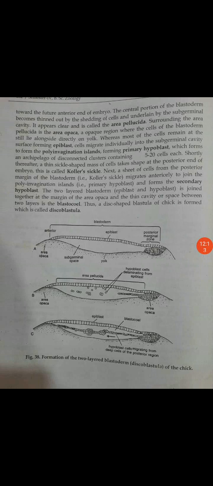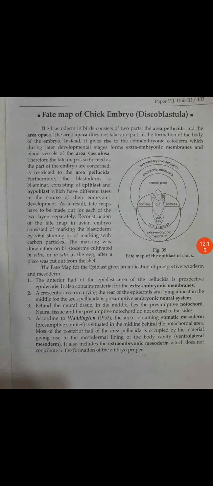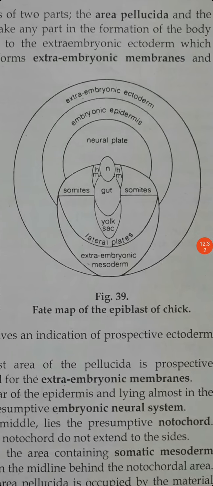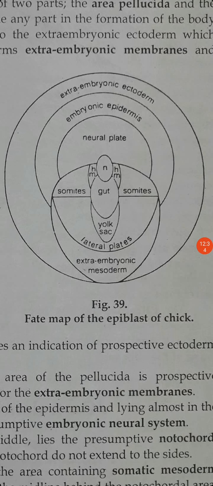Then we come to the fate map of the chick embryo. Fate map means which area will in future develop into which organ. So that is called the fate map of the hen's egg.